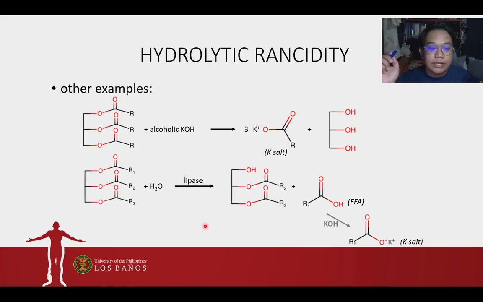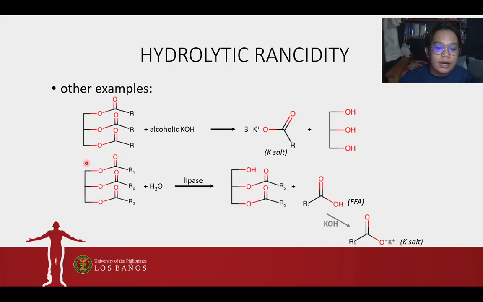So, what happens here is, pwede na magkaroon tayo ng alcoholic KOH. So, nagkakaroon ng potassium salt and glycerol. So, ito yung nangyayari nung saponification, di ba? Okay? And then for the lipase naman, ito yung enzyme activity natin. So if we have the presence of water and meron tayong lipase, nagkakaroon ng free fatty acid.